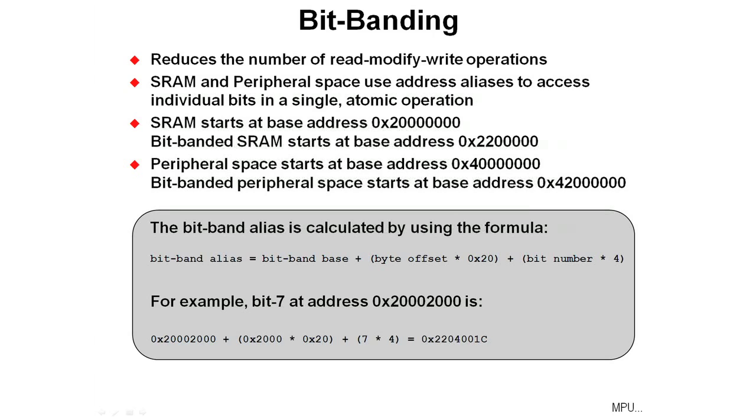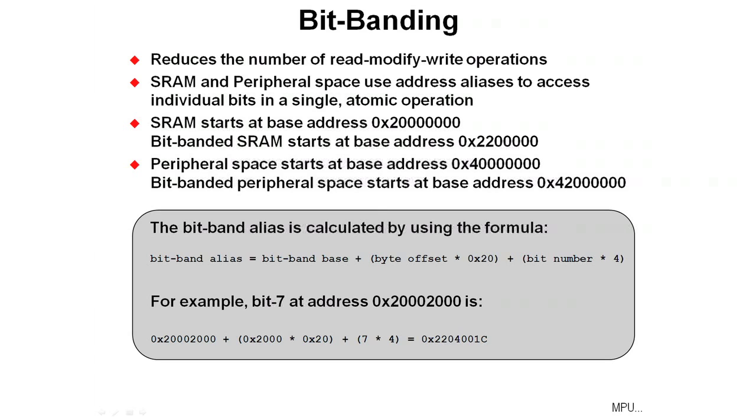So if you're looking to calculate the bit banded address of bit 7 of address 0x20002000, that's going to be the base address 0x22000000 plus the offset, which is 0x2000 times 0x20, that's times 32, plus bit 7 times 4.